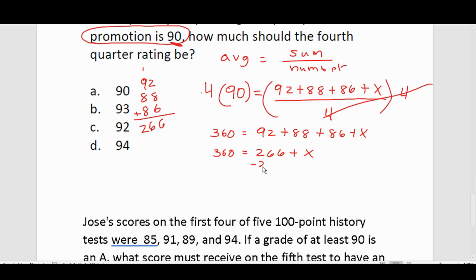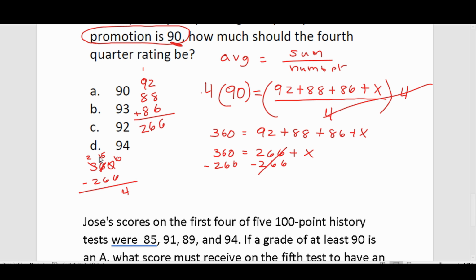Subtract 266 from both sides. Okay, this crosses out. I'm going to do this off to the side. We can't do 0 minus 6, so we have to borrow a 1 there. This becomes 5. This becomes 10. 10 minus 6 is 4. 5 minus 6 we can't do, so we have to borrow a 1 there.